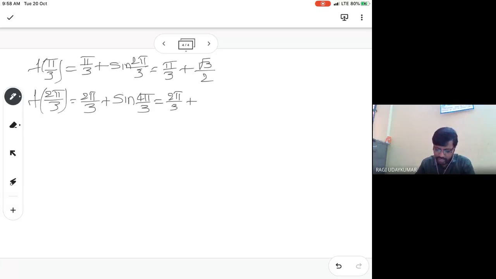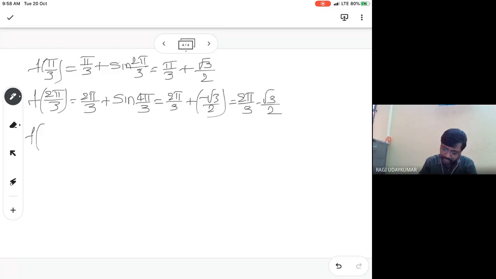In the third quadrant sine is negative, so the negative value comes. So it is minus root 3 by 2. So you are going to get this equals 2 pi by 3 minus root 3 by 2.